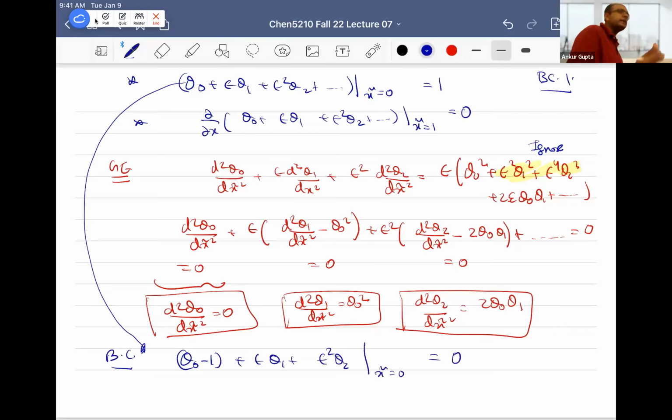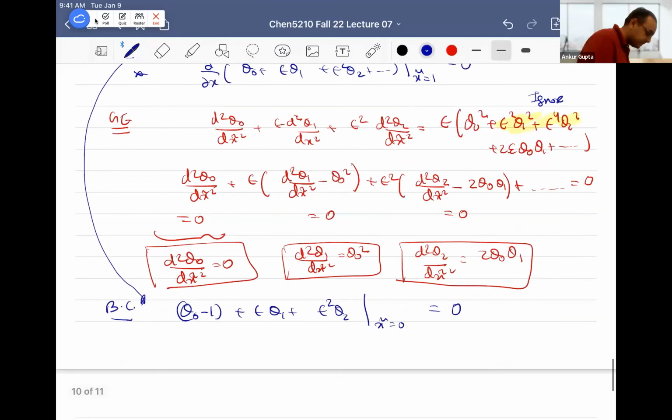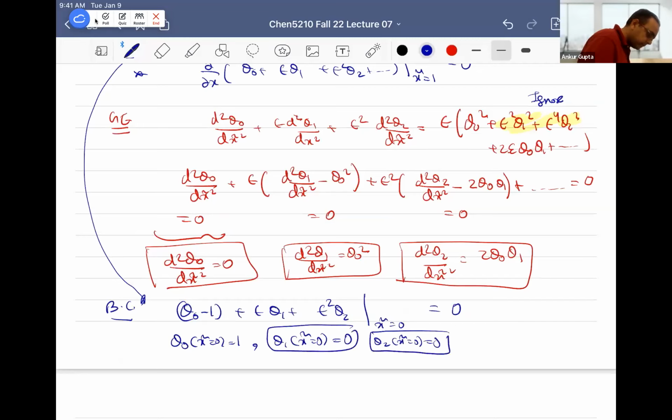So you collect all the terms, push everything to one side equal to 0. So θ₀ at x̃ = 0 is 1, θ₁ at x̃ = 0 is 0, θ₂ at x̃ = 0 is 0. So I get boundary condition 1, and then boundary condition 2.